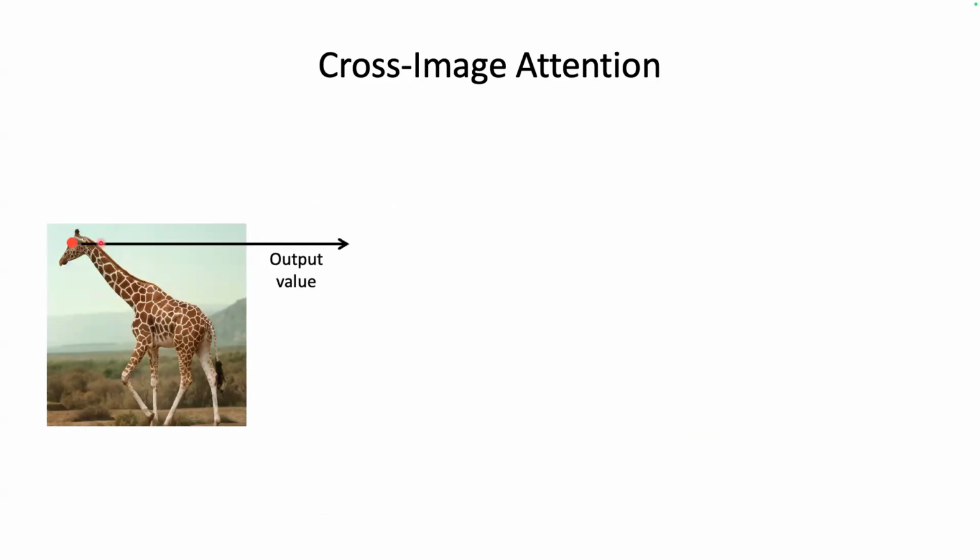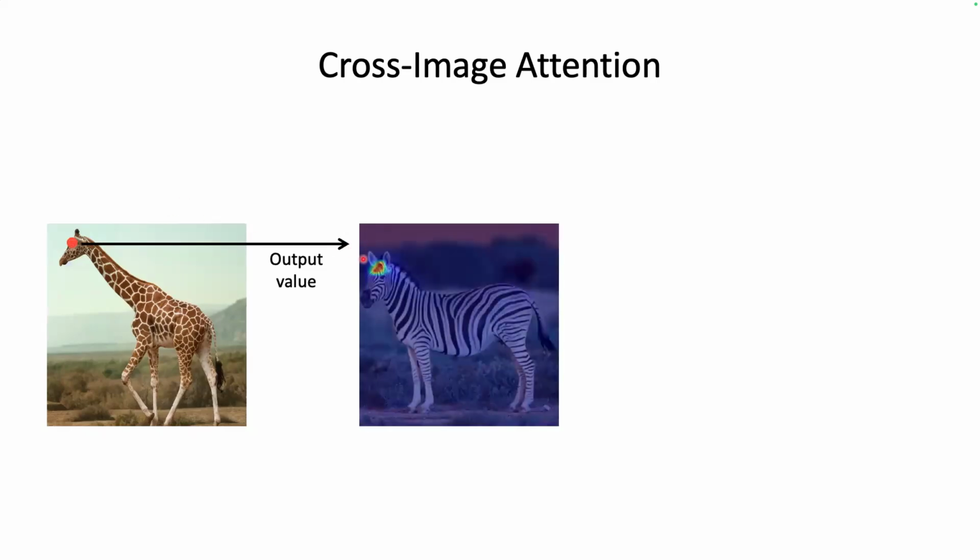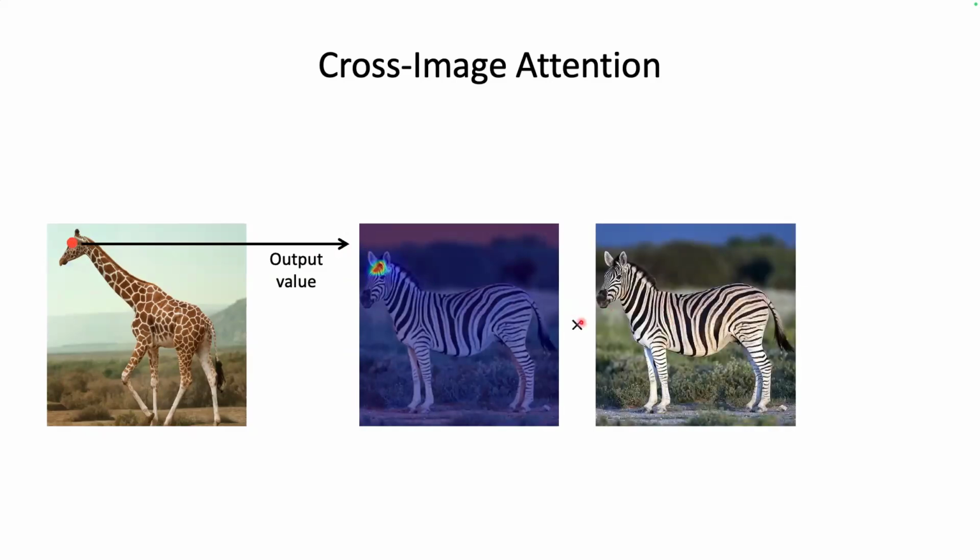As I mentioned before, the output feature is basically a weighted sum of the values, where the weights are determined by the attention map, right? So it's going to be the multiplication between this cross-image attention map and the values of the zebra. So what are we going to get here? We're going to get a weighted average of values on the head of the zebra. And this is exactly what we want to transfer to the head of the giraffe, right?